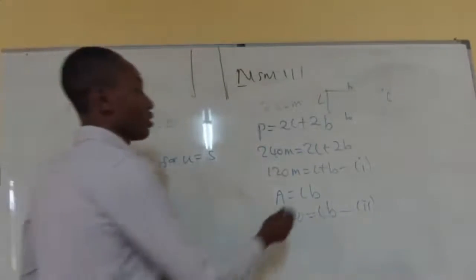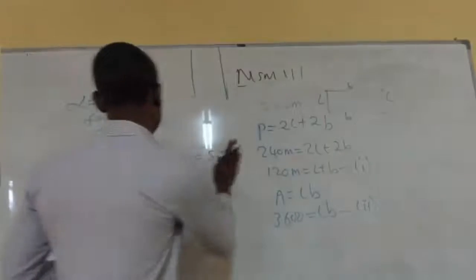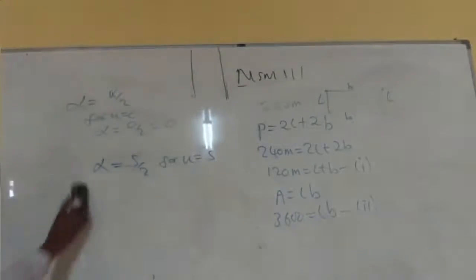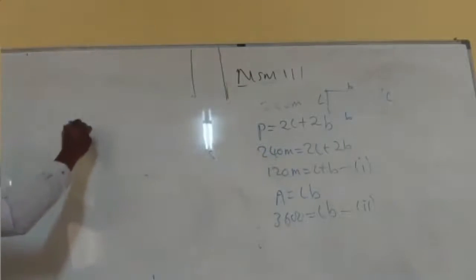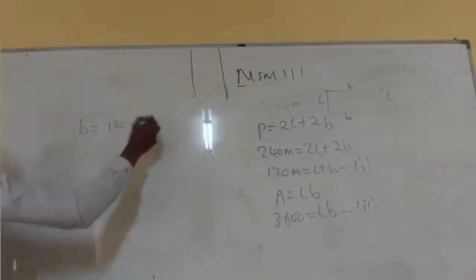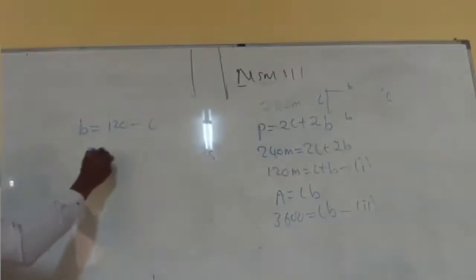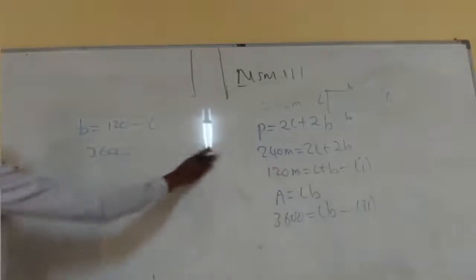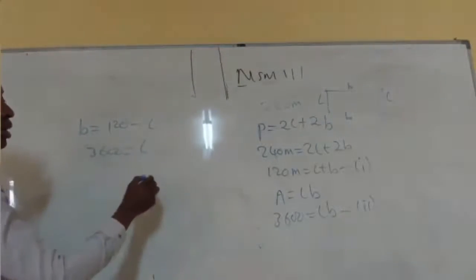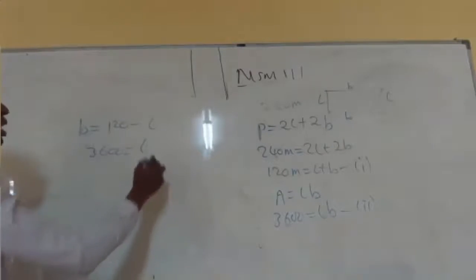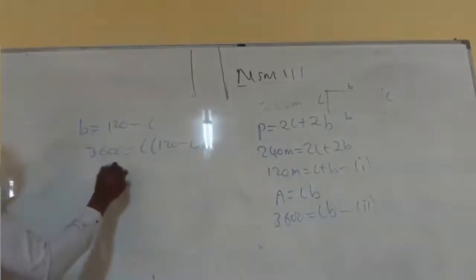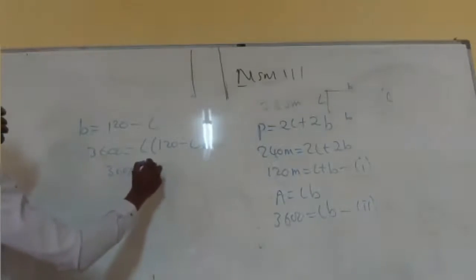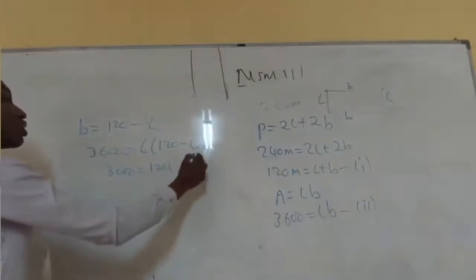So you can make one of these the subject of the formula. Let's say we make B the subject, so we have B is equal to 120 minus L. Then replacing that, we have 3600 is equal to L times (120 minus L), so 3600 is equal to 120L minus L squared.